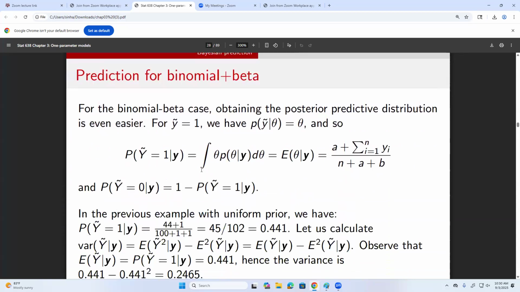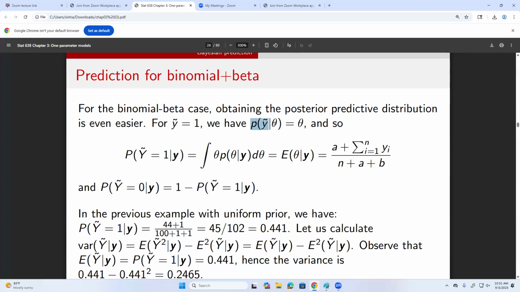So let us talk about the binomial problem. So for the binomial beta case, binomial beta means data are coming from the binomial distribution and the prior distribution is coming from the beta distribution. Obtaining the posterior predictive distribution is even easier. So for a future observation, y tilde, it could be 1 or it could be 0. So let us calculate the probability that a future observation y tilde is equal to 1 given the observed data.